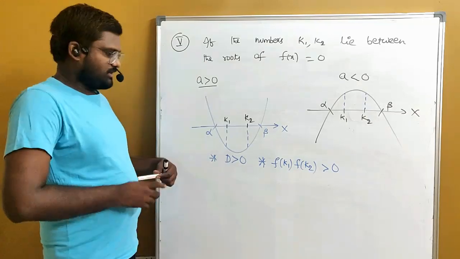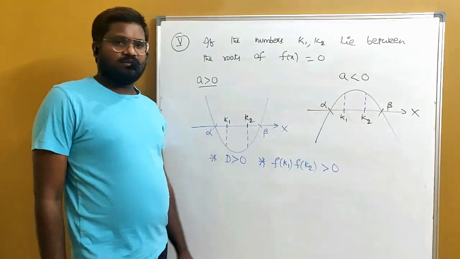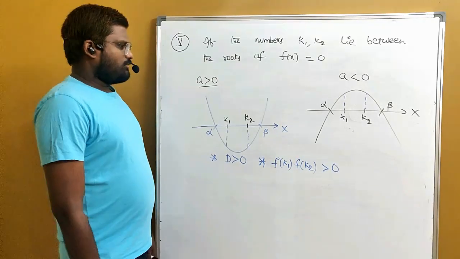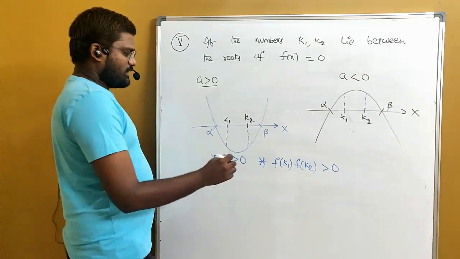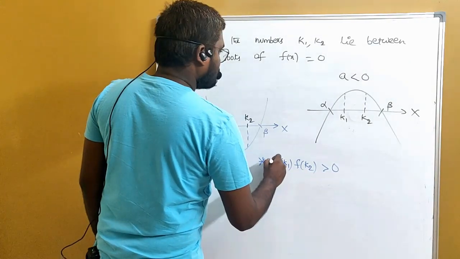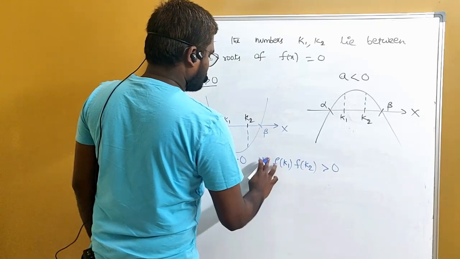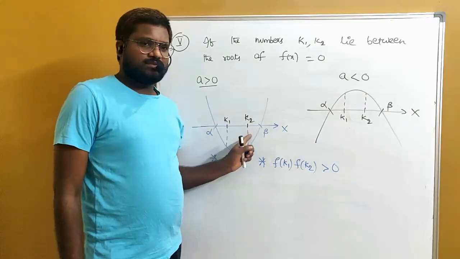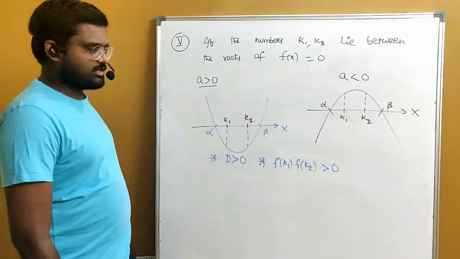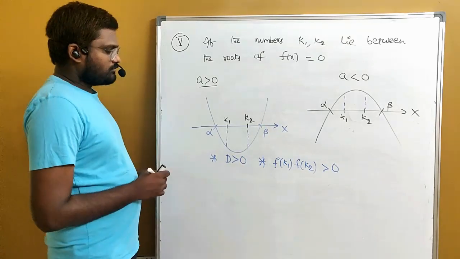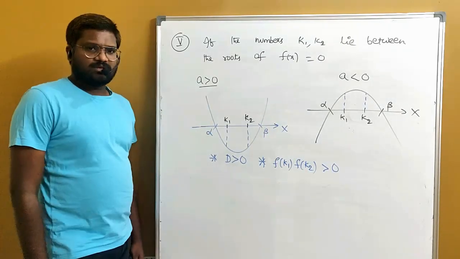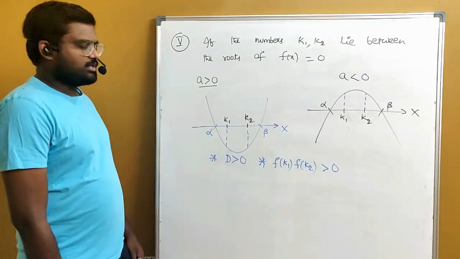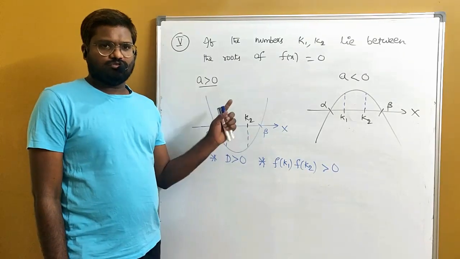Is it correct? Yes, it is. Now in fact, if you want, you can write a into that. No, if I write a into, you don't get greater than sign in both cases. Only f of k1 and f of k2 are having same signs in both the cases. So this is case number 5. So I hope you understood these 5 cases from the location of roots.